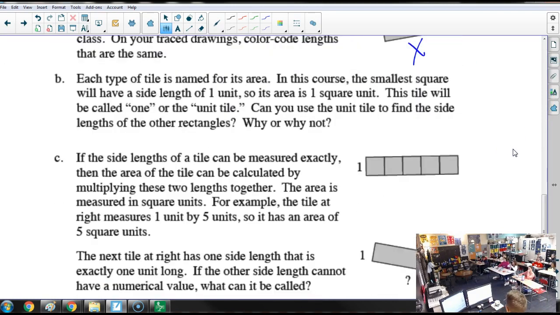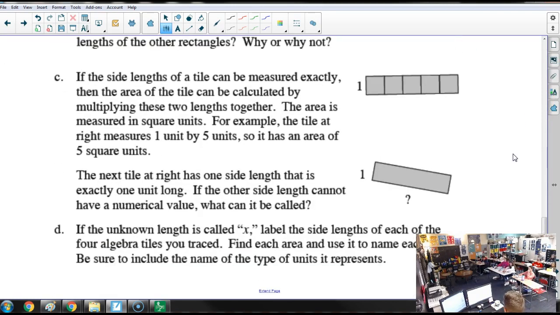Any questions on those tiles? Now, we will go further. You're literally missing a tile from your bag. So now hold on.